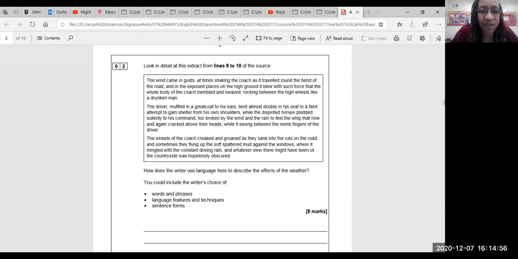But keep to your PEA single word analysis and link it back to your question, ensuring that you are focusing on the effects of the weather. Your highlighting pen here is very, very important. When you're reading the extract, you are trying to look for at least 3 to 4 key quotations that show the effects of the weather.